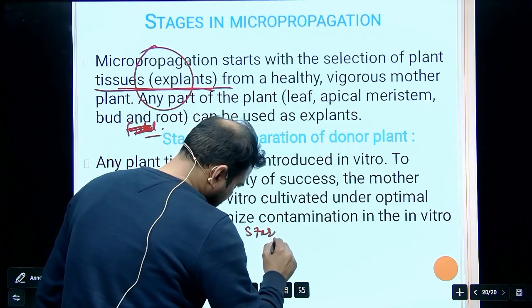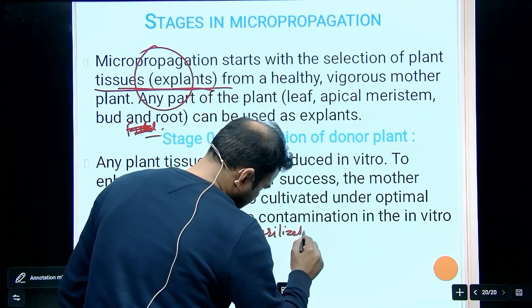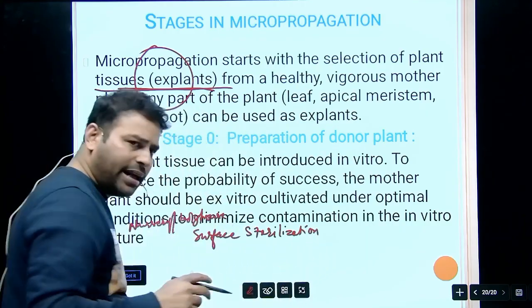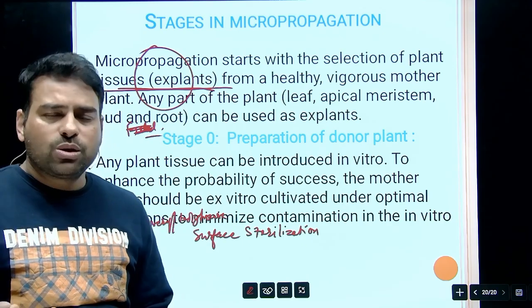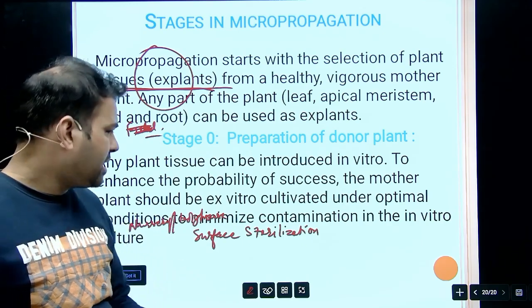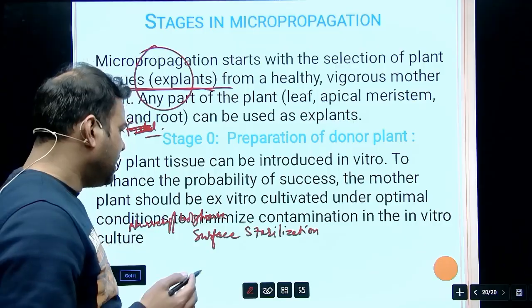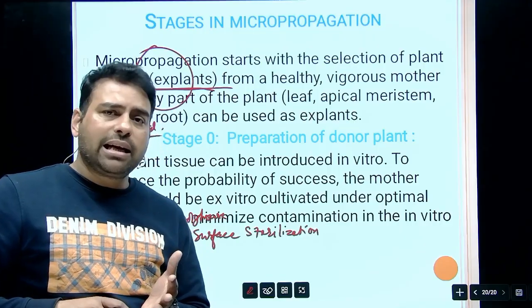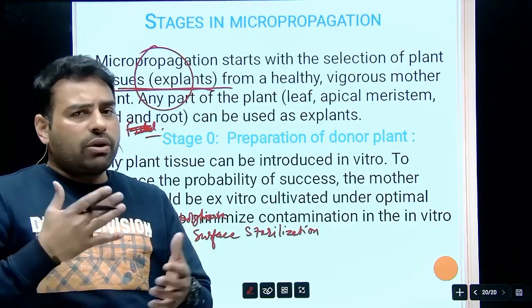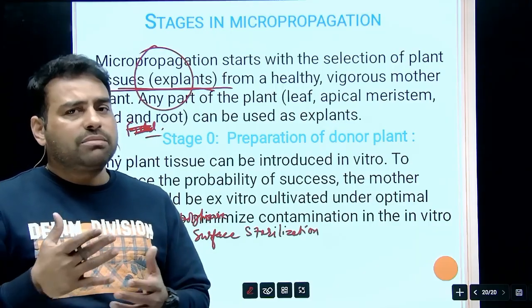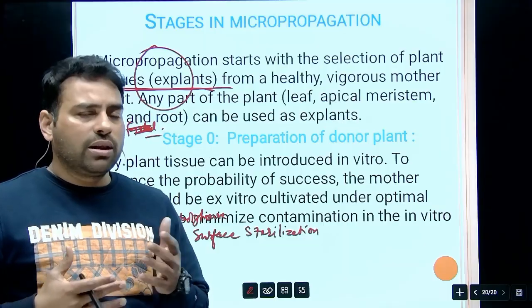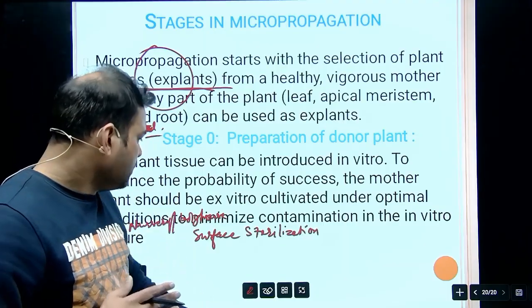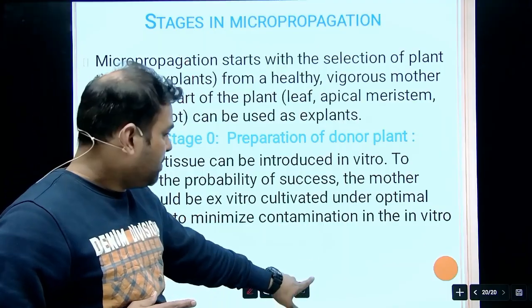As discussed, the plant has so many debris, dust, and microbes, so we remove them by chemical surface sterilization. We use sodium hypochlorite, mercury chloride, and then alcohol. Subsequent washing with these materials will remove all the debris, dust, and microbes.